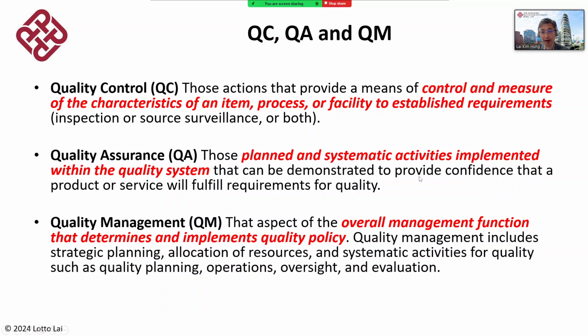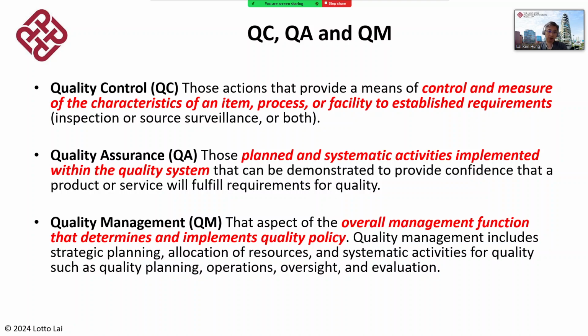Quality control is the control and measurement of characteristics of an item, process, or facility to establish requirements. Usually the techniques we use are inspection or source surveillance or both, to check your product, maybe the defect rate, to ensure the quality of your product.